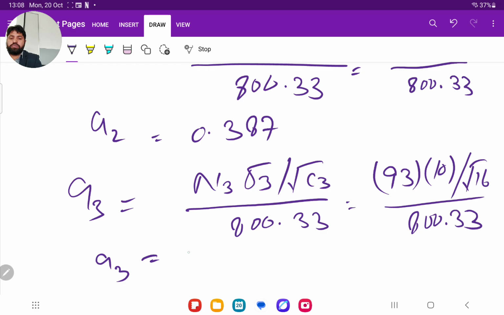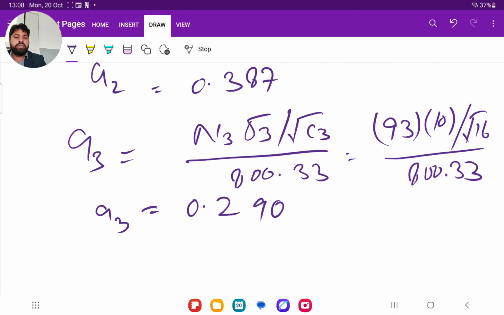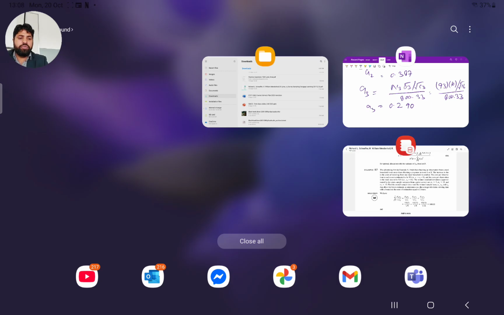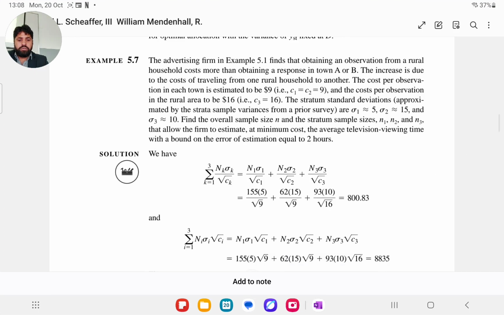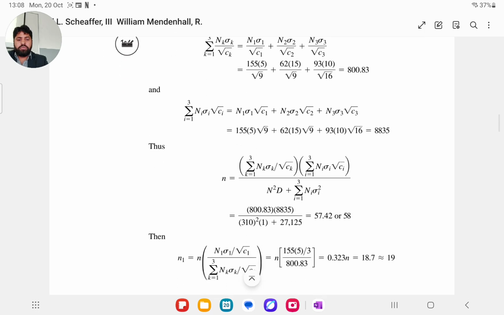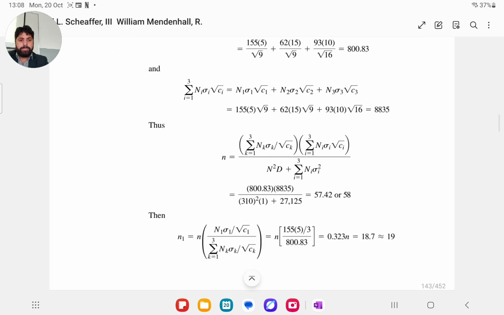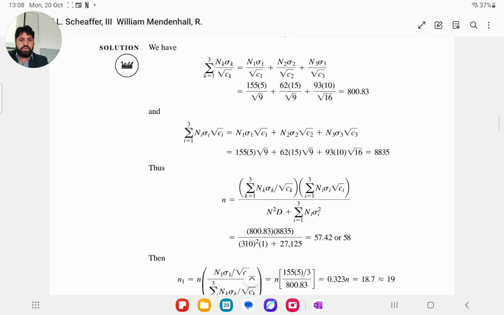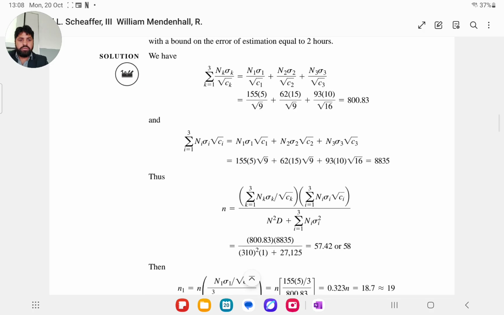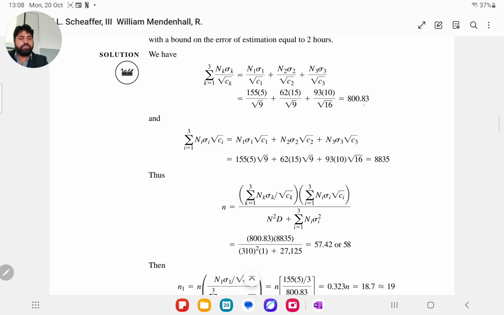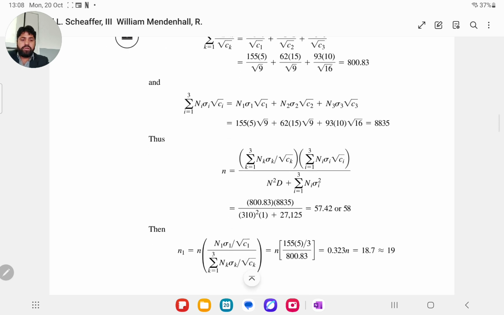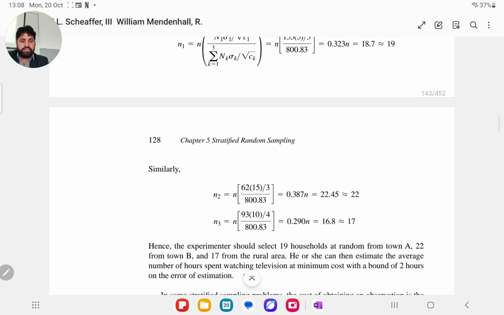So the answer is 0.290. Okay, so these are the allocations we have estimated, and we could test these allocations. I'll show you the other answers.